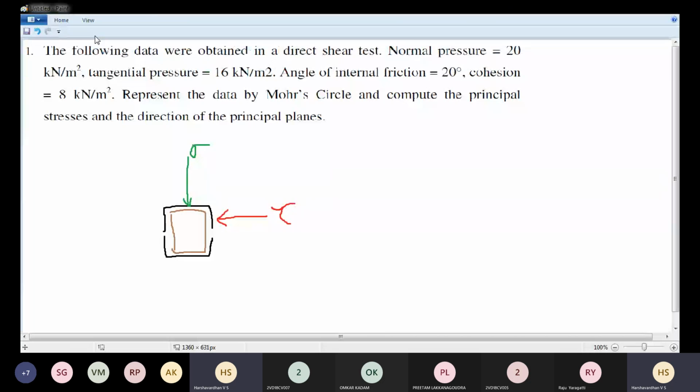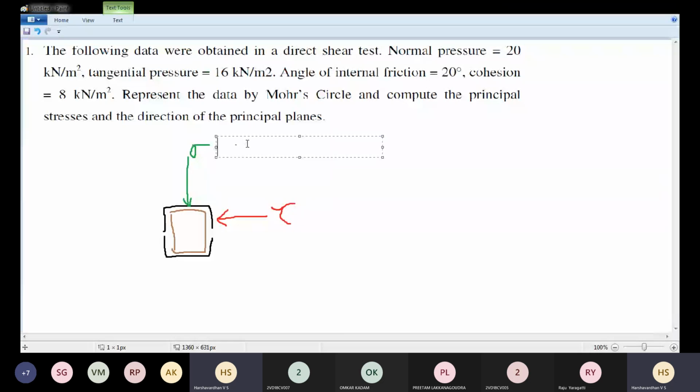Now you have to remember the normal stress that we are applying is constant for that particular trial throughout the test. Constant throughout the trial.